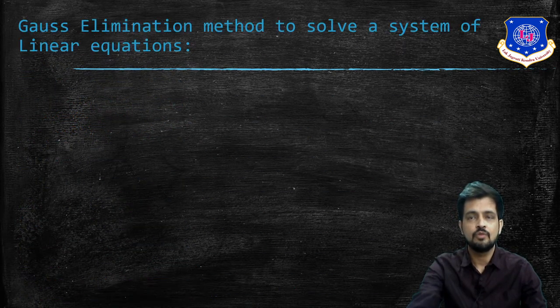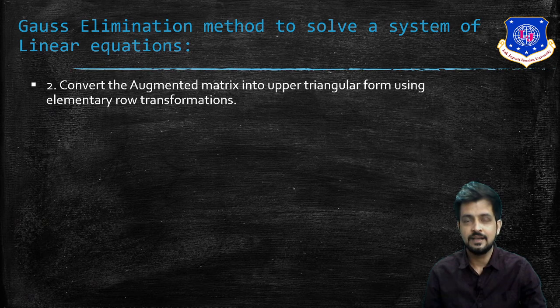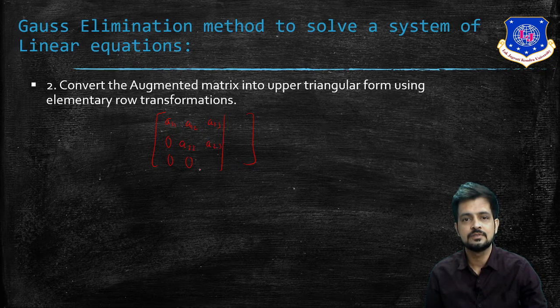Now, what is our next step? Our next step is to convert the augmented matrix into upper triangular form. If you remember, the meaning of upper triangular form is that we have to make these three elements 0, and the remaining elements' values will be changed. We write different notations for this.